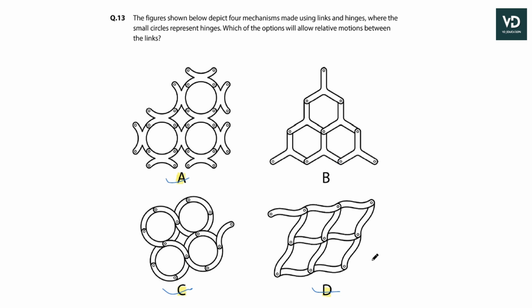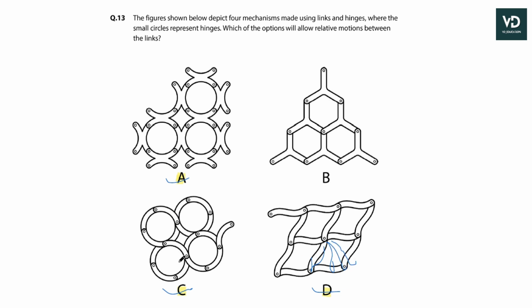So the 13th question is: the figure shown below depicts the mechanism made using links and hinges, where the small circles represent hinges. Which of the options will allow relative motion between the links? And the correct options are A, B and D, because we can see they have provided circular links with the hinges. Like this curve can be moved like this, and like this.